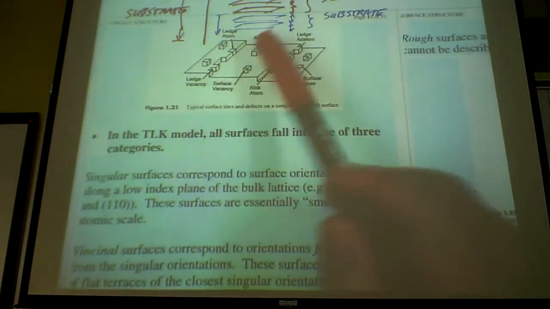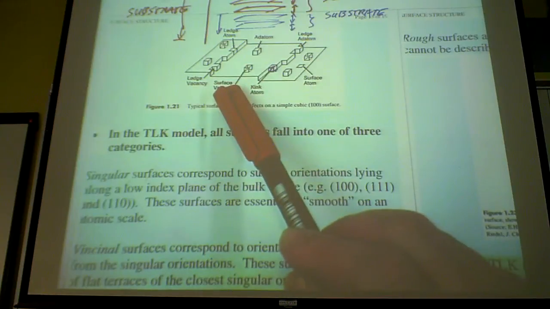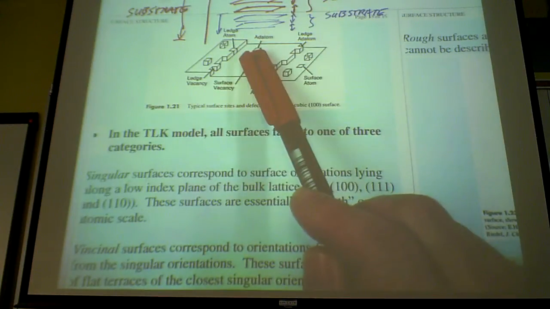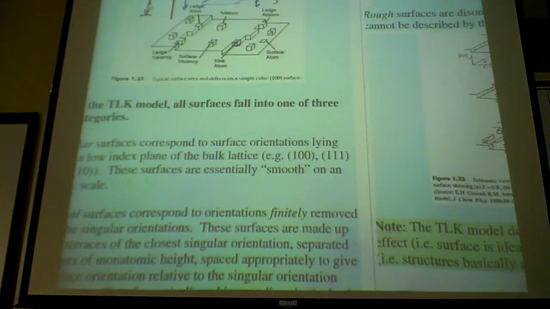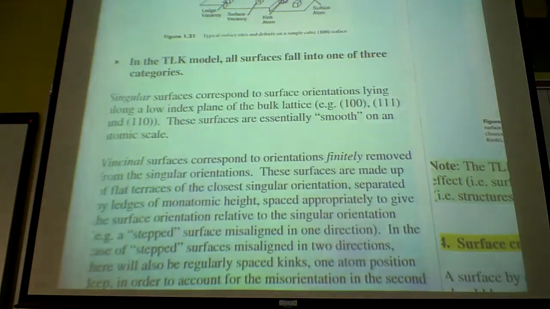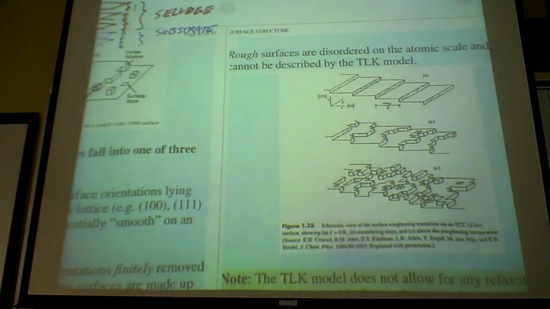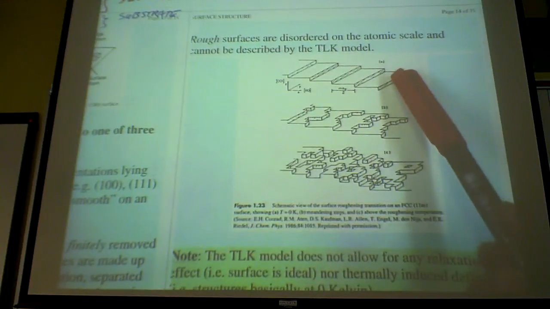You could have an extra atom on top, or you could have a missing atom, a so-called vacancy defect. These are known as atom defects, jargon that people use. We look at these structures and talk about roughness, singular surfaces, and vicinal surfaces. We talk about rough surfaces that you can obtain by just starting with a surface and annealing it.